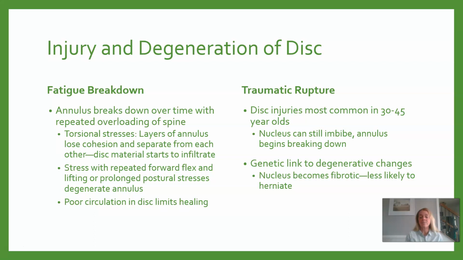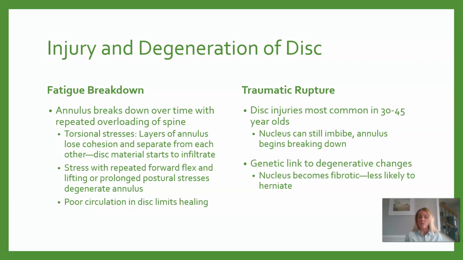A traumatic rupture is most likely to occur in someone between the ages of 30 and 45 because at this age, the annulus has started to break down maybe just a little bit, but the nucleus can still imbibe. We talked about that. That means taking in fluid, taking in water from the environment. Once we hit a certain age, the nucleus becomes much more fibrotic and doesn't really imbibe anymore.